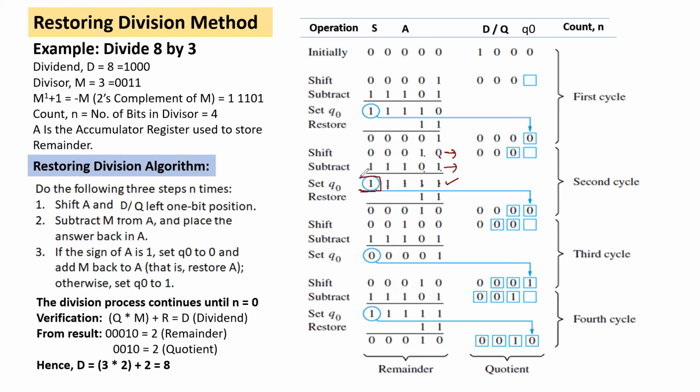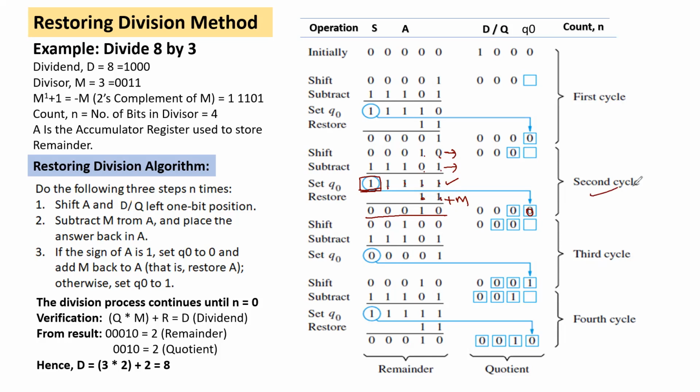Now again you should check the sign bit. 1 means you have to restore it. How can we restore? By adding the M bits, that means 1, 1. And place 0 in the LSB position of the quotient again. By adding these 2 bits, the sum is this one. With this, the second cycle is completed.